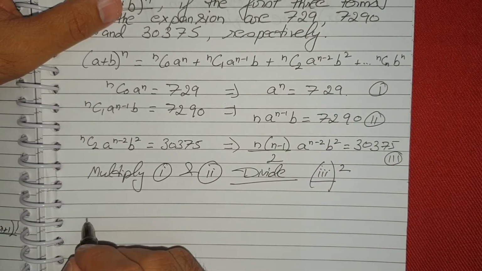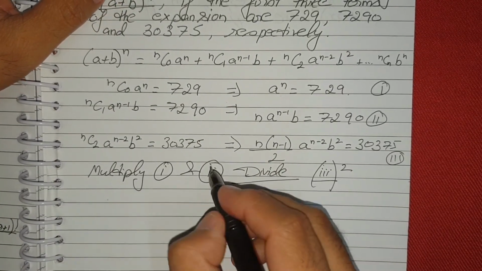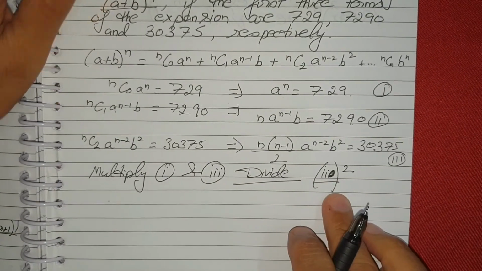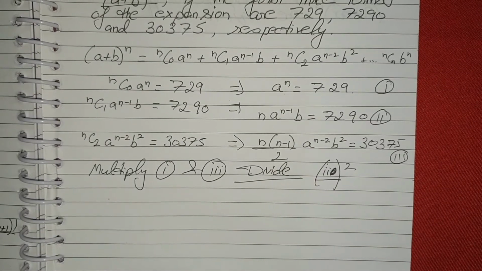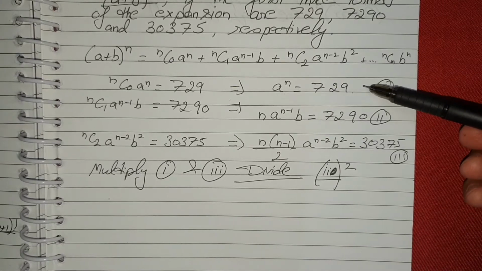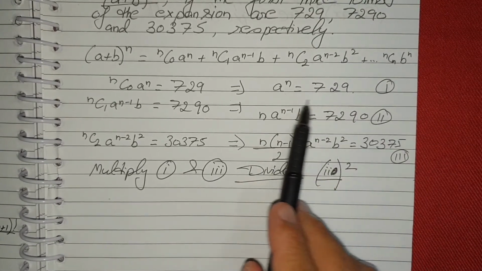No, sorry. I will multiply equation 1 and 3 and divide it by the square of equation 2. Sorry for that. So I will multiply these two and then divide with the square of this.